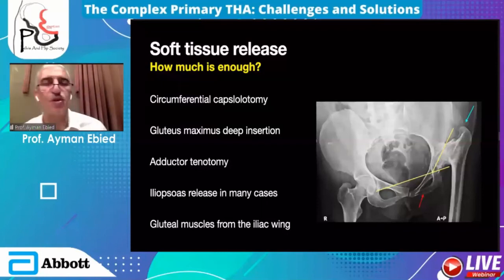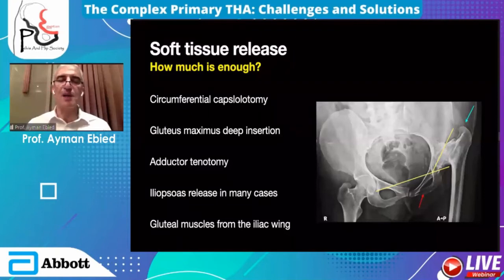How much soft tissue release is enough, or how much is adequate to bring the center of rotation down and bring the femur down? Perhaps it is essential in these cases to perform a circumferential capsulotomy. This is the first step. The gluteus maximus deep insertion can be released, which is another important step.